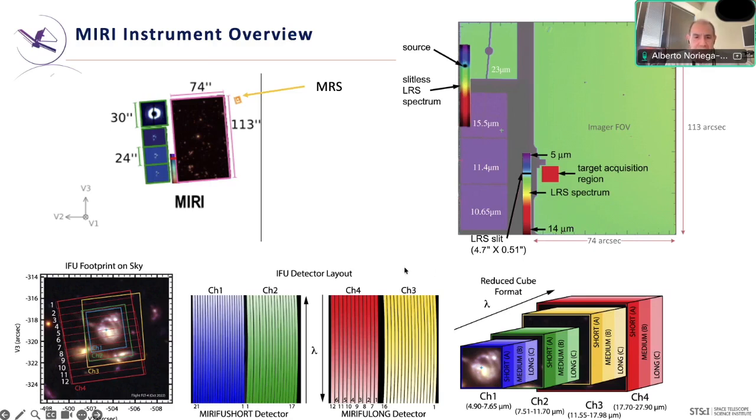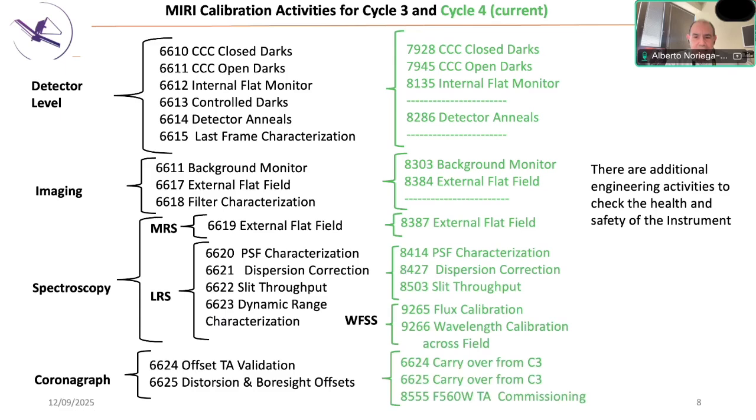So it does take a lot of calibration through that. And Tom showed a very nice plot. I didn't want to show all the calibration plans that we have, but this is what we just presented recently for the Webb Mission Office, which shows the kind of things that we'll do for calibration in cycle 3 and the current cycle 4.